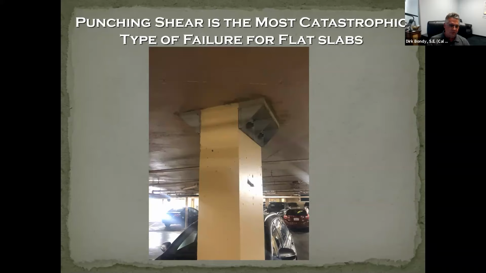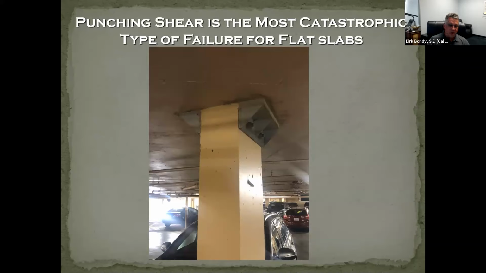These slabs may fail in flexure, but flexure is the safest type of failure that you can have. You can see it coming. There's a lot of upfront information telling you that something's wrong. The slab may deflect a foot or 2 feet. It usually is not what's going to create a pancake type collapse where one level collapses onto another and collapses onto another.